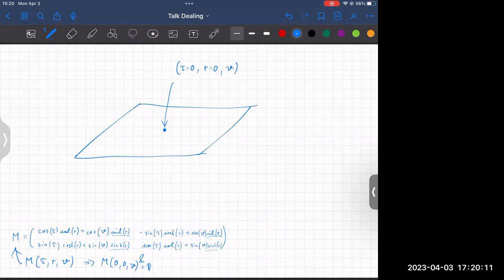So that's the identity, and an arbitrary point in here we can measure with radius r and the angle theta. That gives us the plane. So that's in principle infinitely extended.